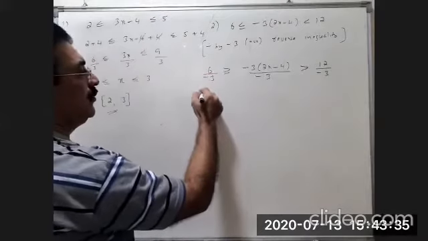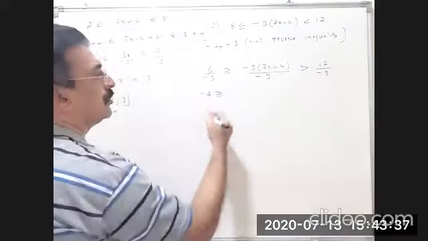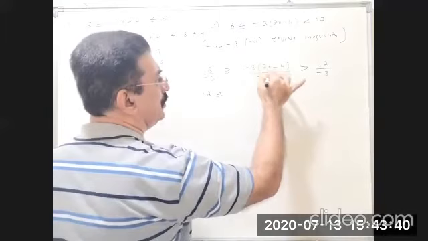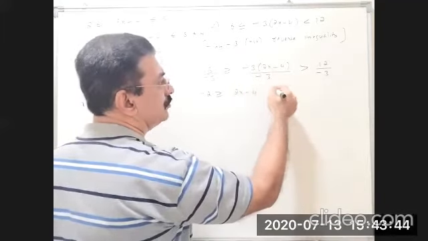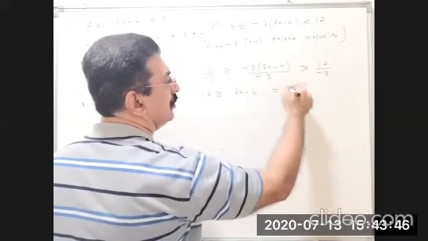This is minus 2. This minus 3 goes, 2x minus 4, minus 4.